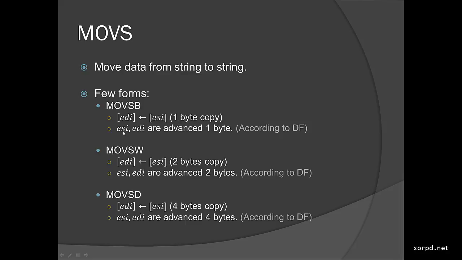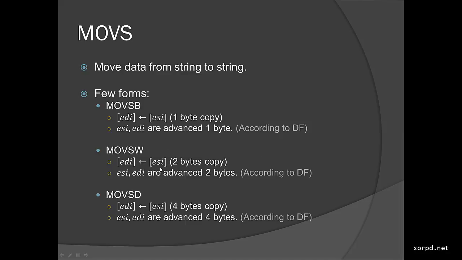Then immediately ESI and EDI are advanced 1 byte, and this is according to the direction flag. If the direction flag is 0, ESI and EDI are increased by 1. And if the direction flag is 1, then ESI and EDI are decreased by 1 byte. The next form is MOVSW, where W stands for word.